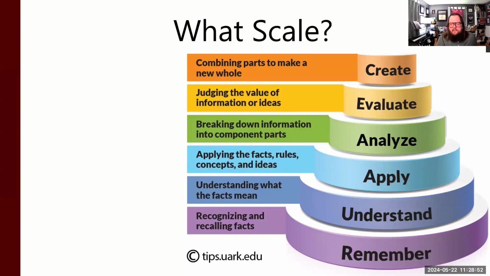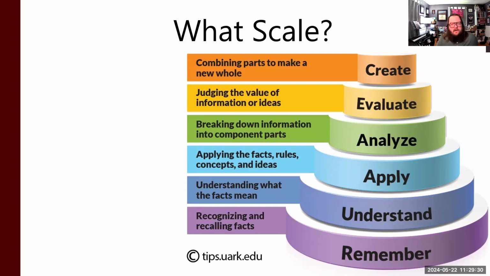So at the bottom of Bloom's taxonomy, we have remembering and understanding. So you have to know some facts and understand what those facts mean before you can really do anything else with them. If I don't know what raster data is, then I probably won't be evaluating or analyzing it anytime soon. If I don't know anything about spatial distributions, I might need to learn that first before I start applying my knowledge of spatial distributions to my data sets. And so it continues up from there. So this is kind of a general set of terms.